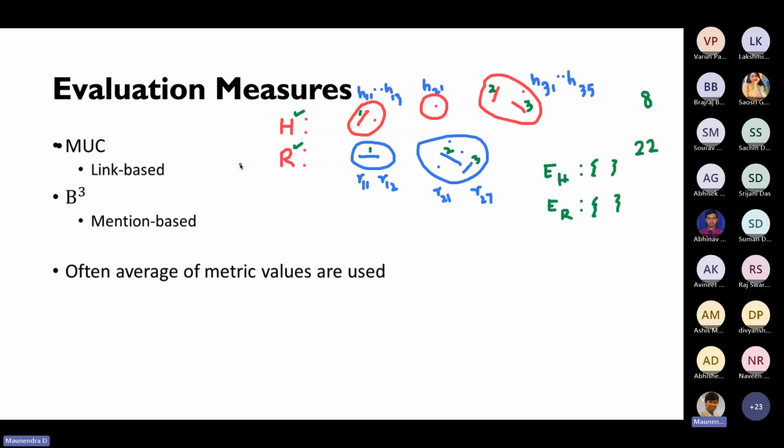So how does it work? Suppose you take one mention, I, and you identify the ground truth coreference chain that contains it, and that same mention is in the reference chain in the hypothesis.